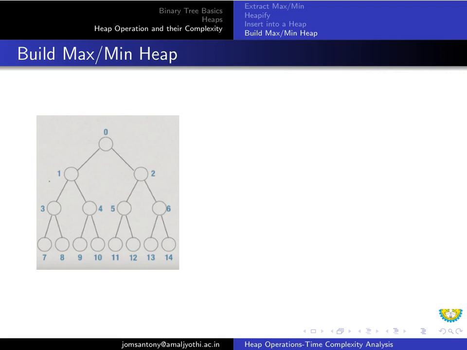So if you are given n nodes, you have to perform n insert operations, and n times you have to insert, and every time you may have to do a heapify. That is in the worst case. So if you are performing n operations and each time you are doing a heapify, then the heapify operation itself will take log n time. So the normal way to think about the complexity of build max heap is that it will be order of n log n.